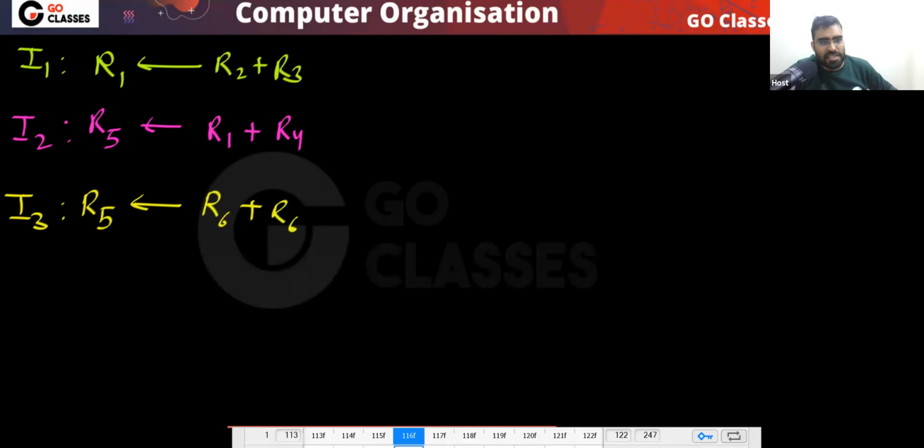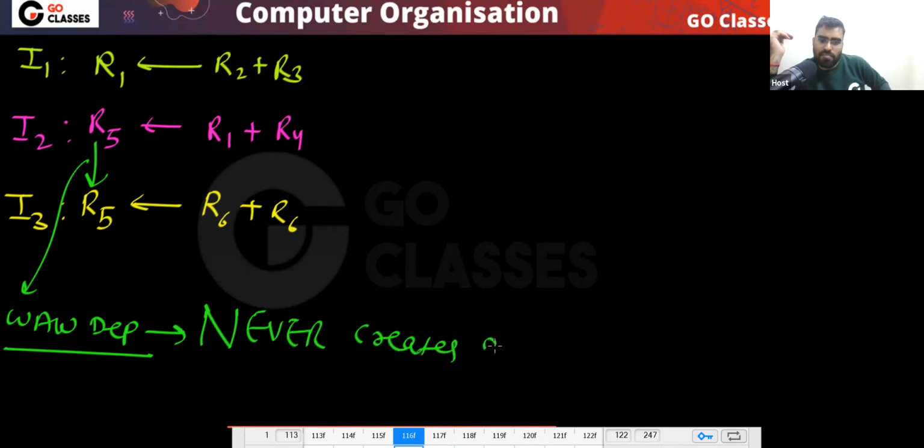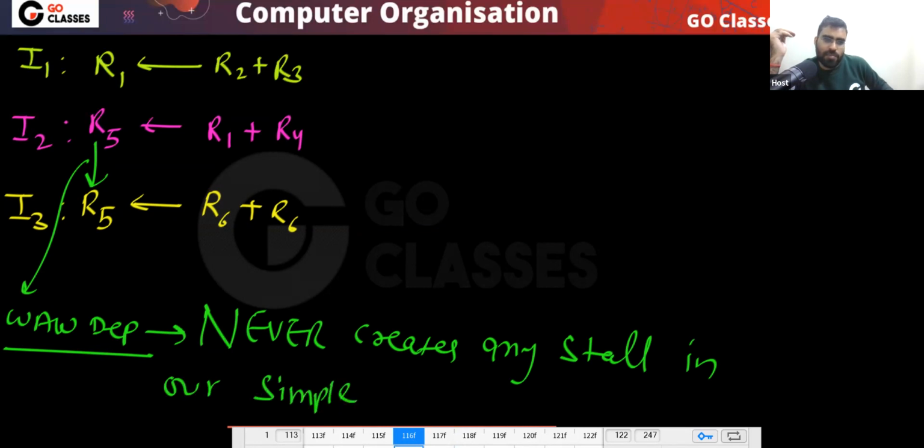Now see, something interesting will happen. In our normal pipeline, this can never create any problem. This WAW dependency never creates any problem or any stall in our simple in-order pipelines.